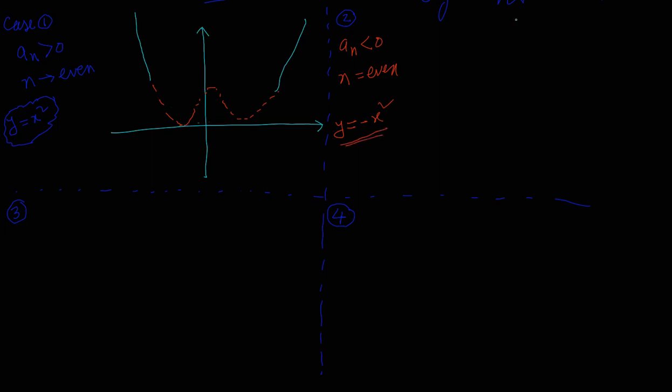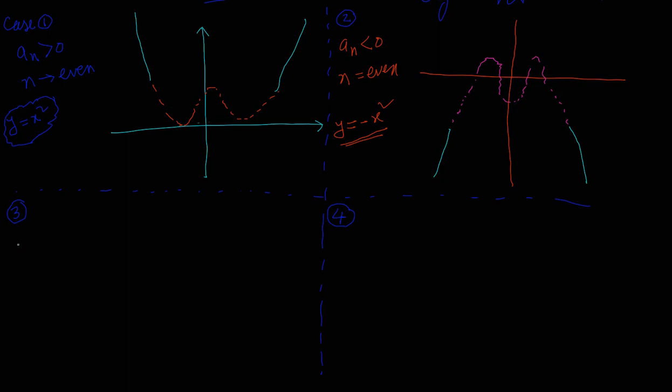Let us try to draw my axes, and this is the end behavior, and of course in the middle we do not know, we just approximate. All right, so this is case 2.